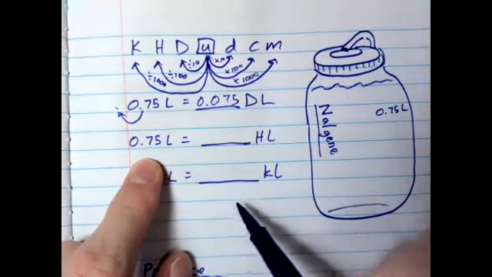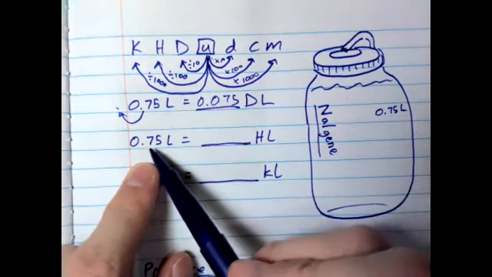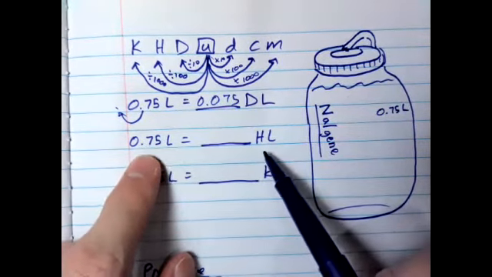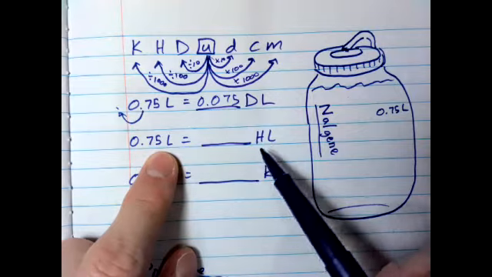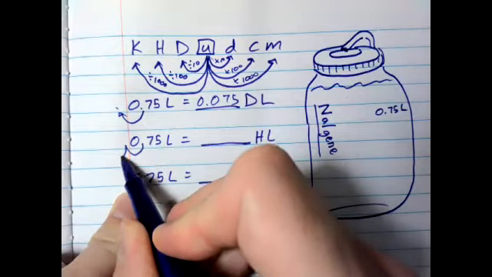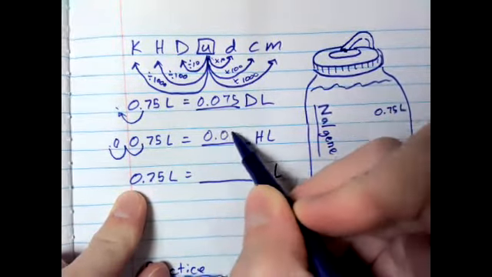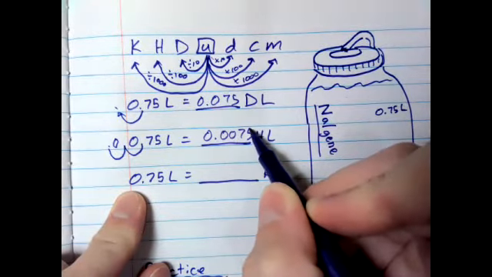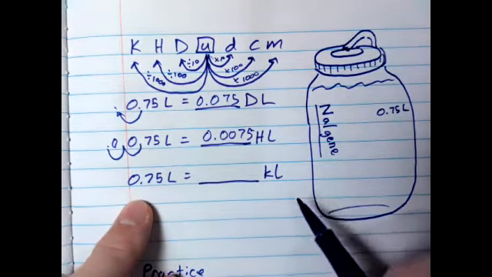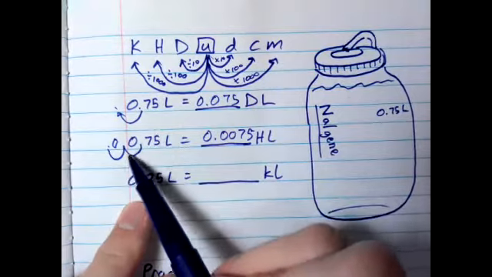You're dividing by 100. How many zeros are in 100? 2. So that means how many spaces am I moving? 2. So what would 75 hundredths liters be as hectoliters? All right, 1, 2, put in a 0. I'll end up with 0.0075 hectoliters. Last one, let's go kilo. So divide by 10, divide by 100.